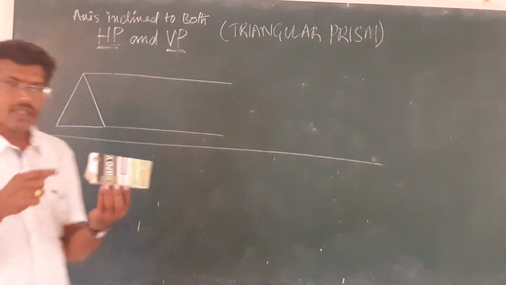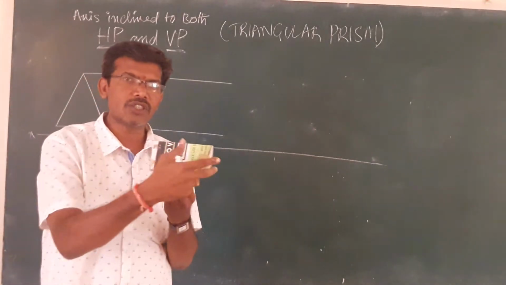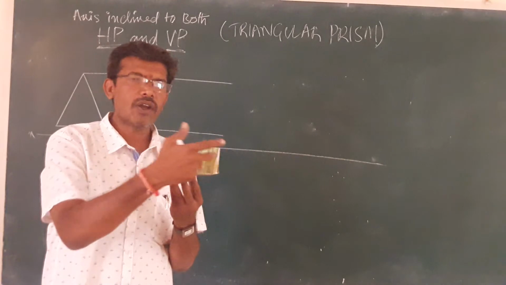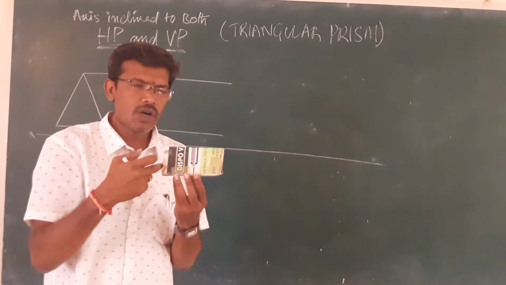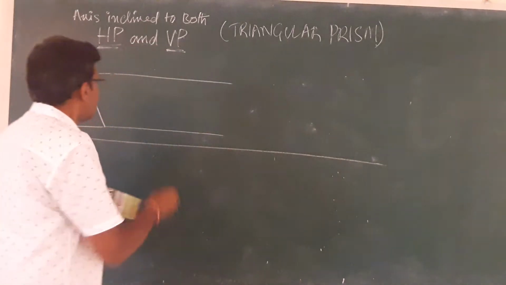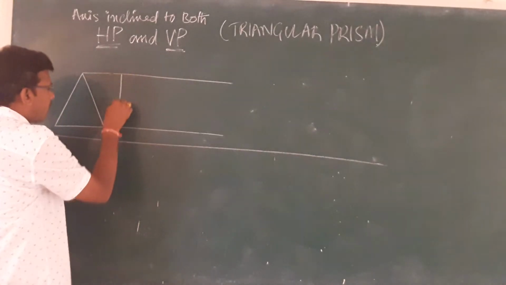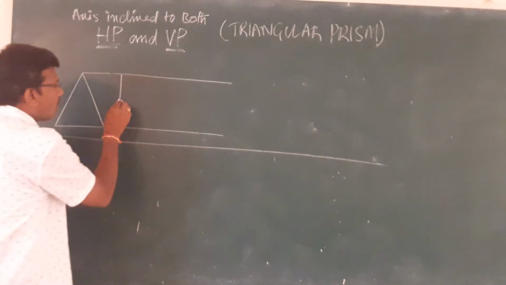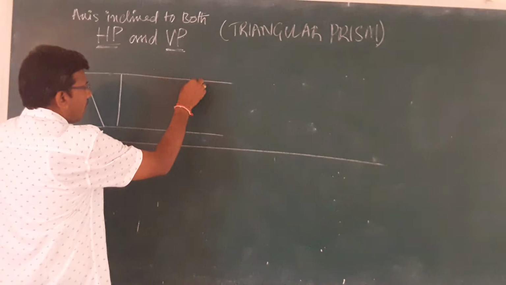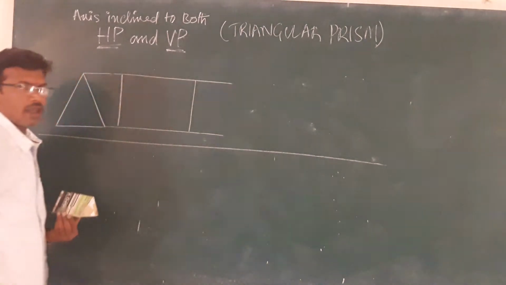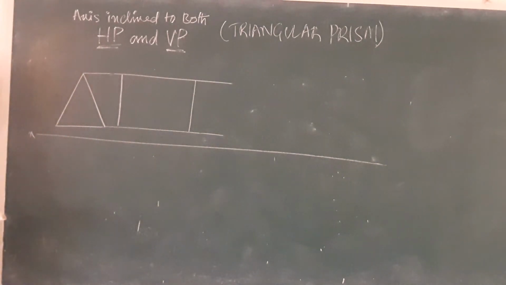Whatever the length of the object is, that is the solid axis length, or you can take it as height or length. Taking one reference point here, whatever the length is, I'll draw it here.